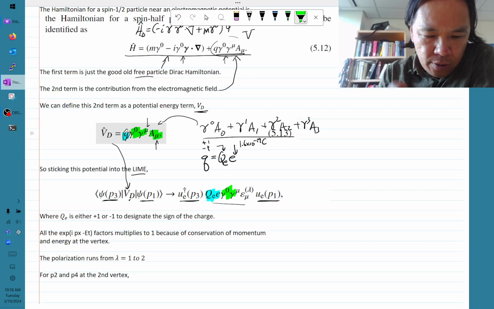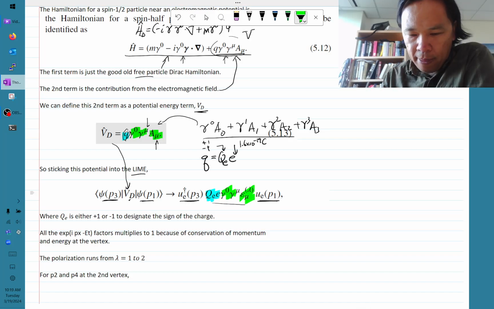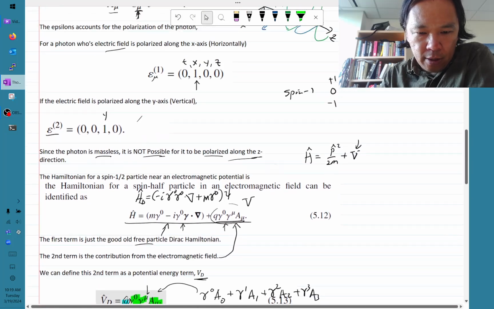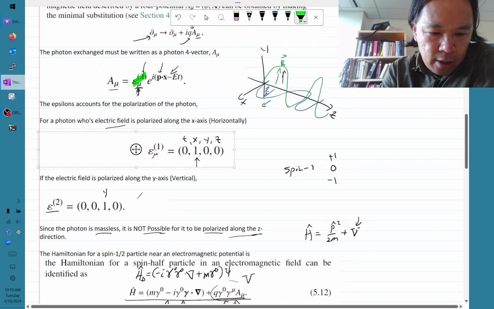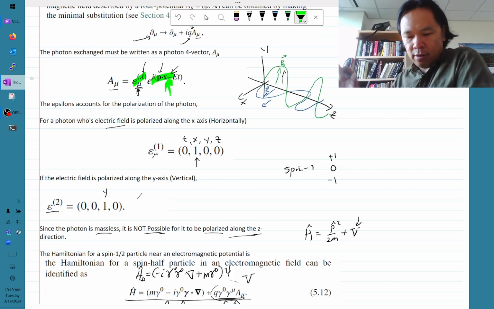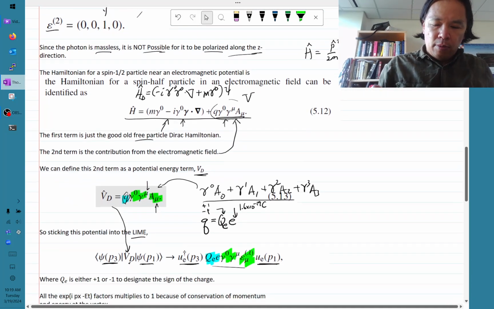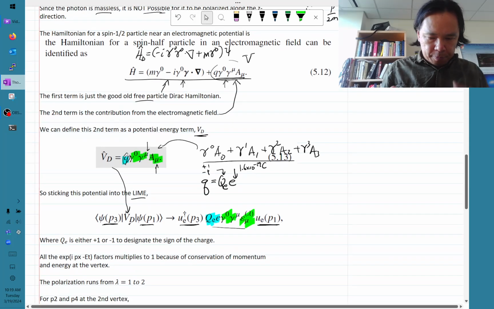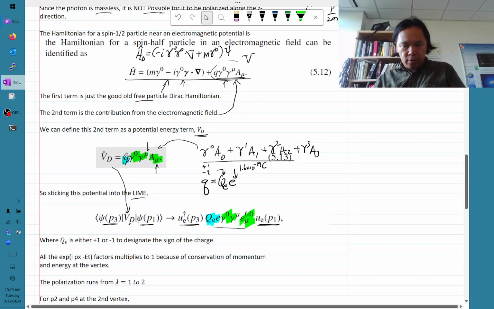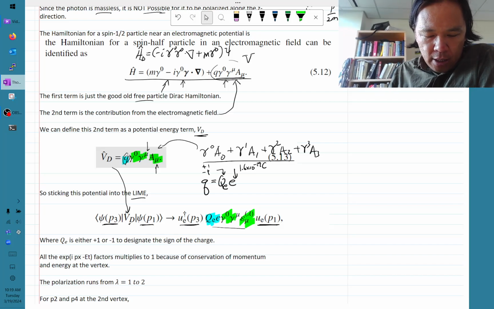And then A mu got replaced by epsilon mu, because epsilon a mu is this times this, but all these e to the ipx stuff cancel each other, basically multiplies to 1, because all the exponents add up to 0. So that's the interaction piece within the Lorentz invariant matrix element that we're going to plug into.